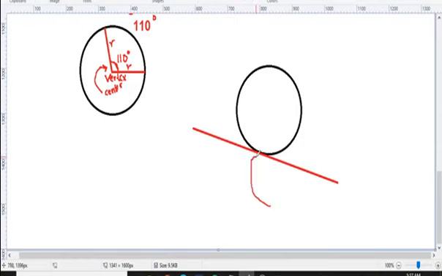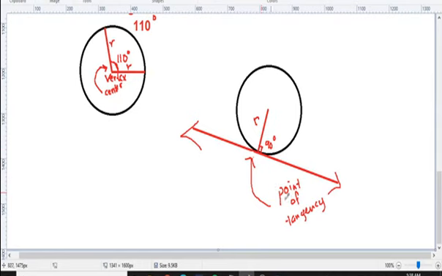And of course, if you draw a radius from the center of the circle to that point of intersection, which is called the point of tangency, the angle formed by the tangent line and the radius is a right angle. In other words, they are perpendicular. And that's the property of a tangent line.